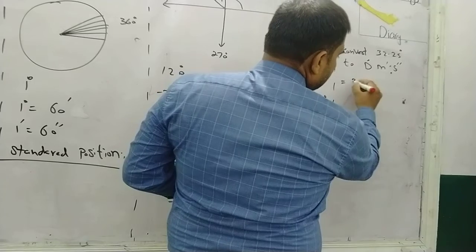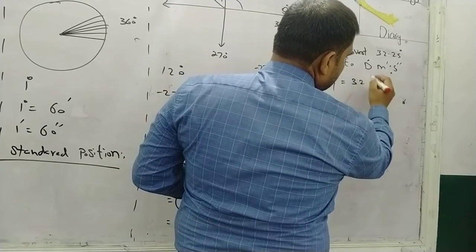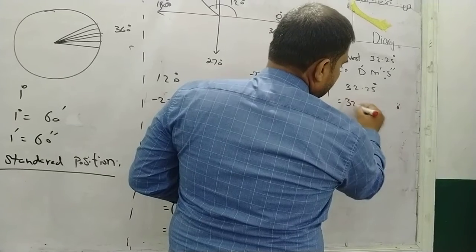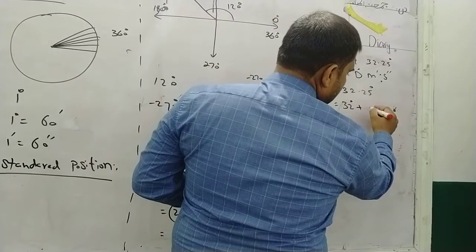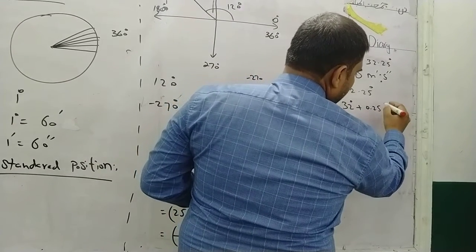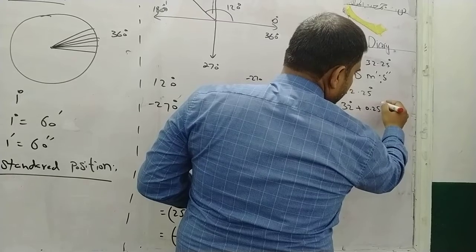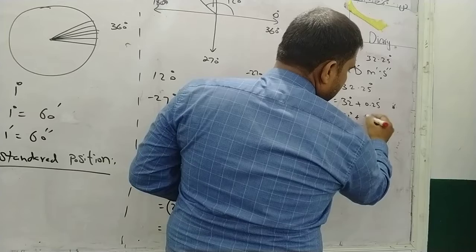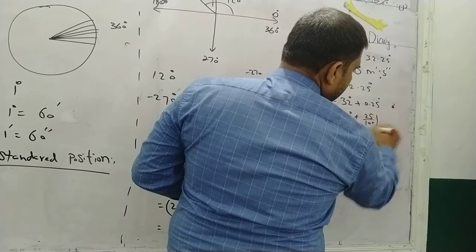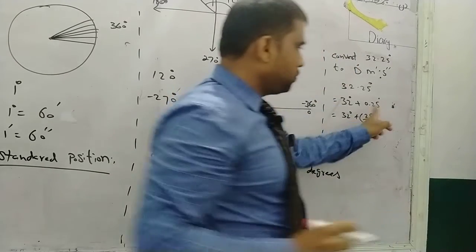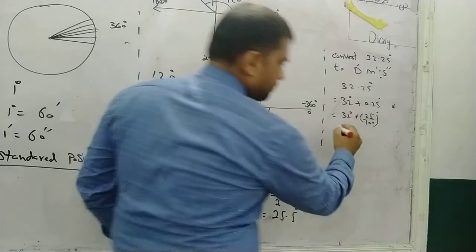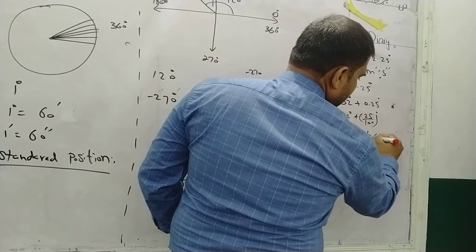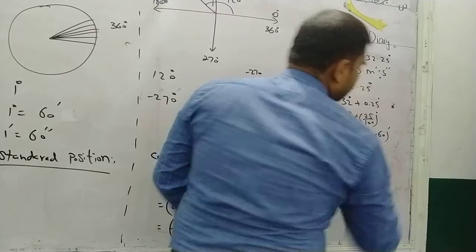So 32.25 is 32 plus 0.25. We can change 0.25 into 25 over 100 because there are two places after the decimal, which is 1 over 4, so multiply by 60.